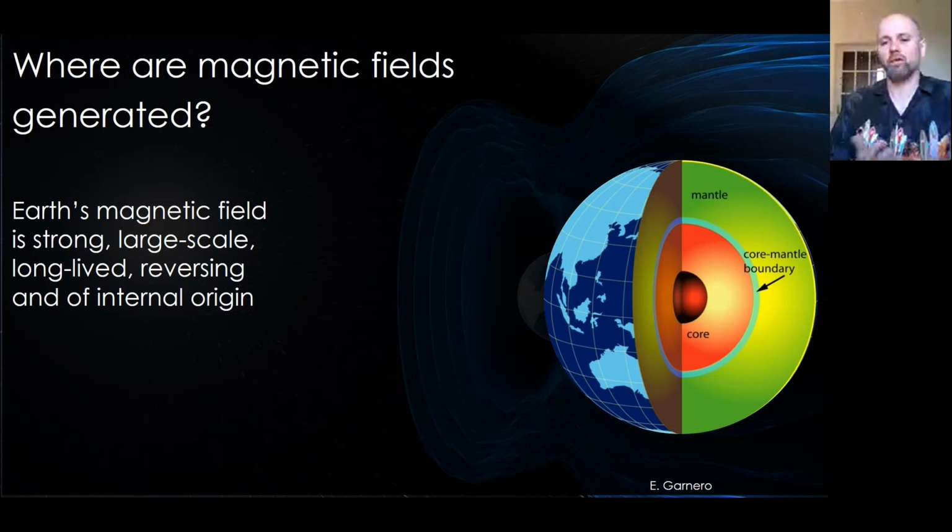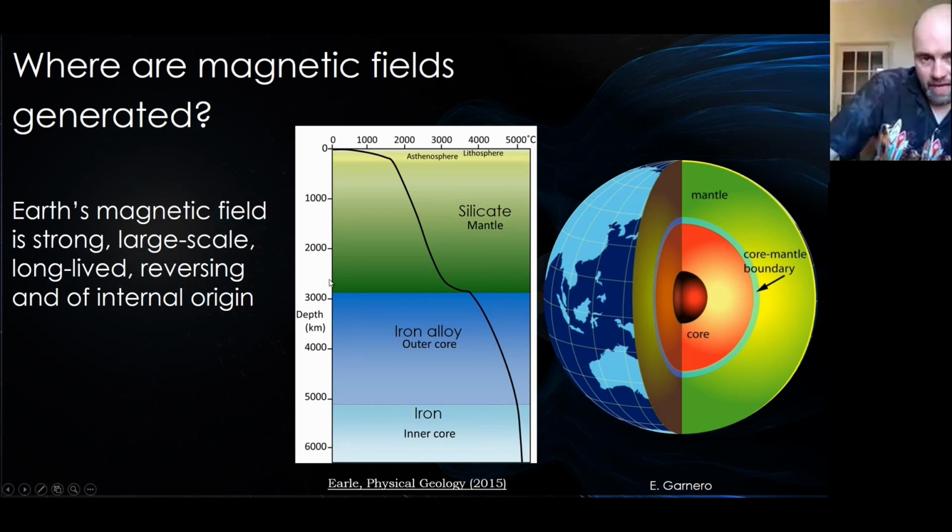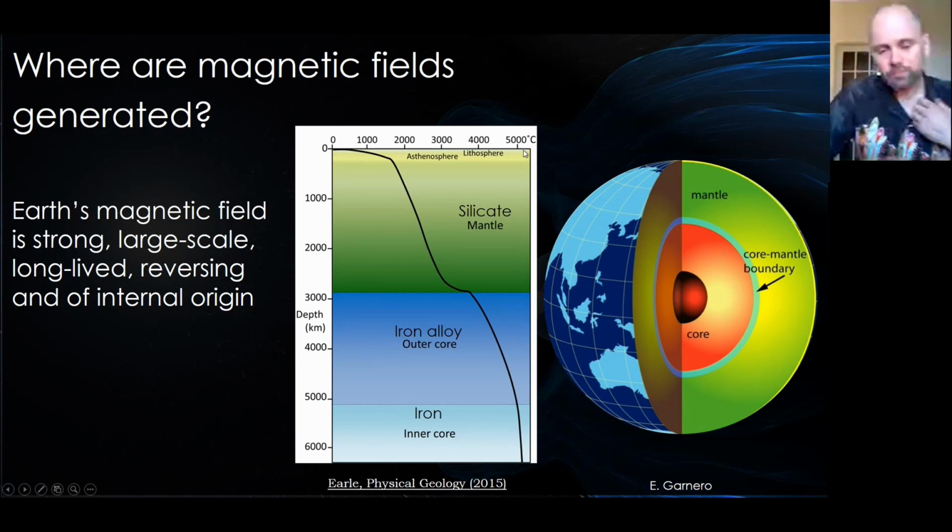If we're looking for where to generate the Earth's magnetic field, then we quickly come up against a problem. What I'm showing here is the depth inside the Earth. The center of the Earth is at the bottom of this plot, and that would be in the center of the right-hand plot. The surface of the Earth is at 0. And you're looking at temperature in degrees Celsius along the horizontal.